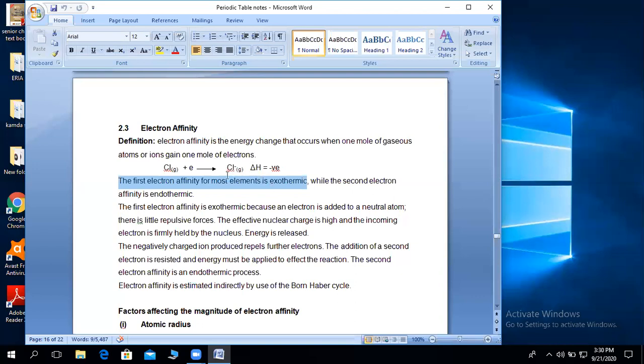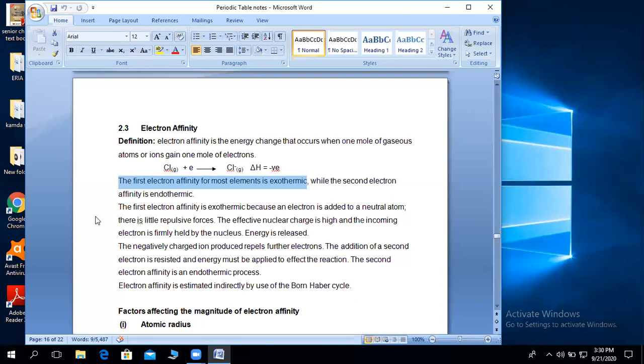So oxygen has second electron affinity, but chlorine has only 1 electron affinity because it gains 1 electron to have a stable electronic structure. So the first electron affinity for most elements is exothermic, or it is negative, or when it takes place, heat energy is given out, while the second electron affinity is endothermic, or positive.